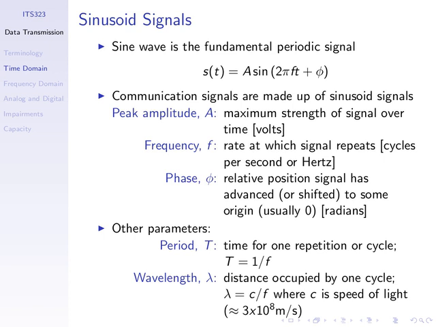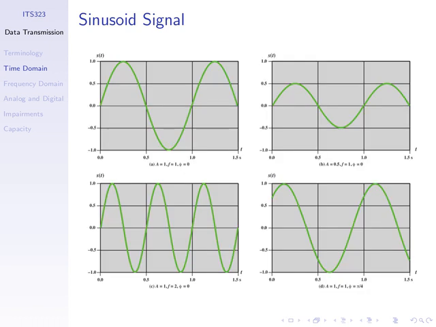Actually there's 1 variable, t, and 3 constants, the peak amplitude, the frequency and the phase. What do they mean? Well, I think the next slide illustrates that a bit better. Here's 4 different sinusoids where those values of the peak amplitude, frequency and phase are varied.